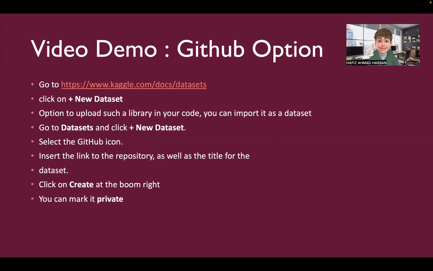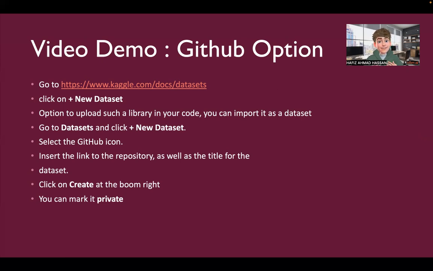If you make your own profile on Kaggle, there is a tab you can click on to add your own dataset, and you will see a couple of options.